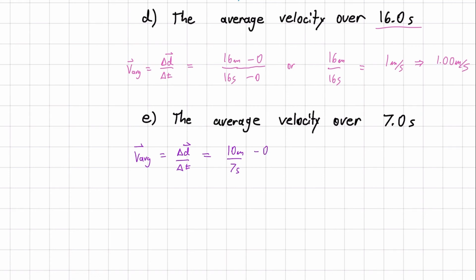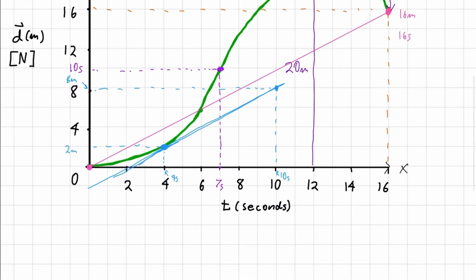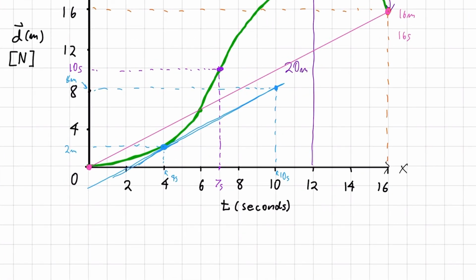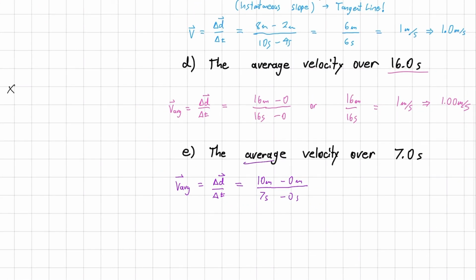If you'd like, you can add the 0 because we are tracing it back to the 0 because it's asking for the average velocity.